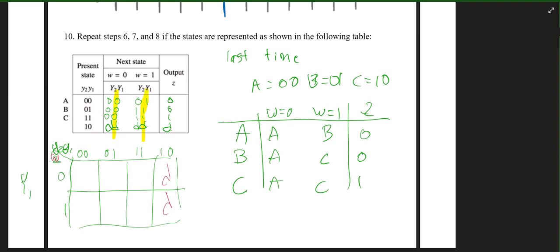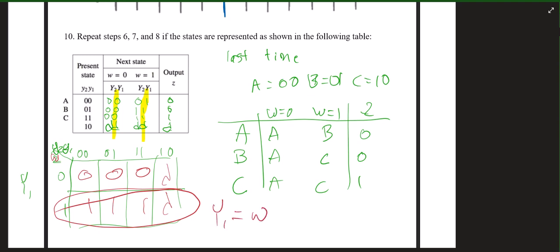Otherwise, when W is 0, we have zeros, and when W is 1, we have 1s. So this makes for a nice expression that just says Y1 equals W.